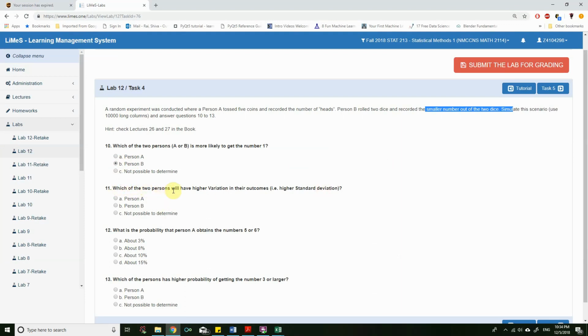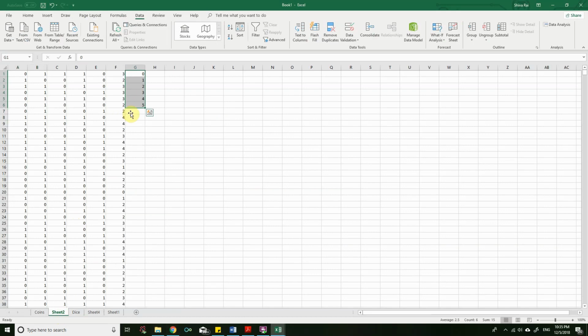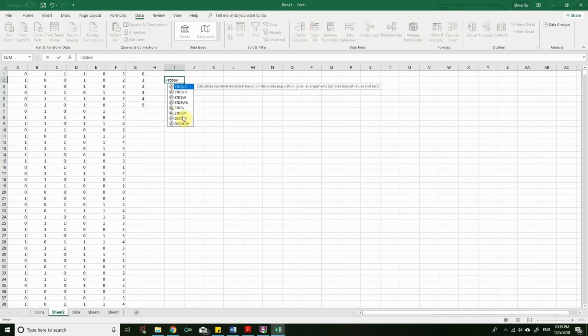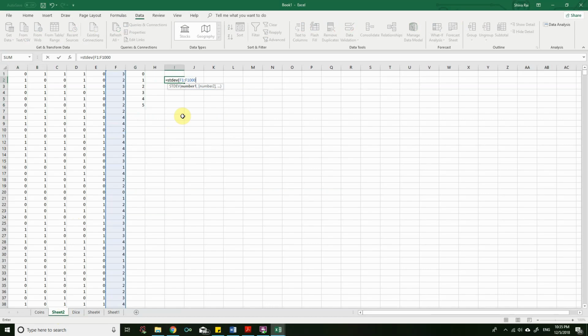Which of the two persons will have higher variation in their outcomes, that is higher standard deviation? So let me go for person A, equals STDEV, this was from F1 up to F10,000. Okay, so that's 1.11.